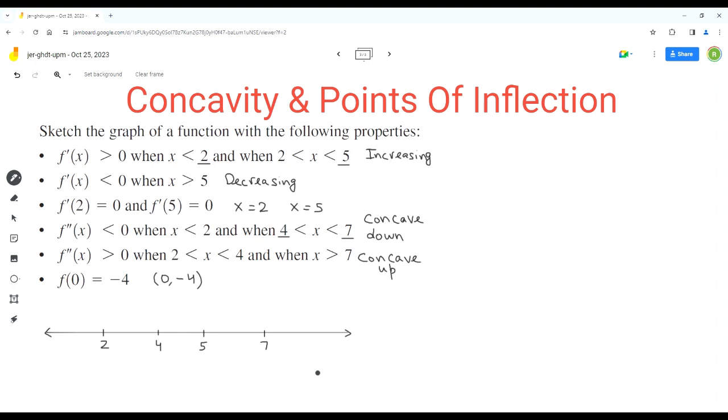Now as per the problem, we identified that the function is increasing when x is less than 2. So on the left side of 2, the function is increasing. We are just summarizing the properties so it becomes easy to sketch the function. Also, when x is less than 2, the function is concave down.